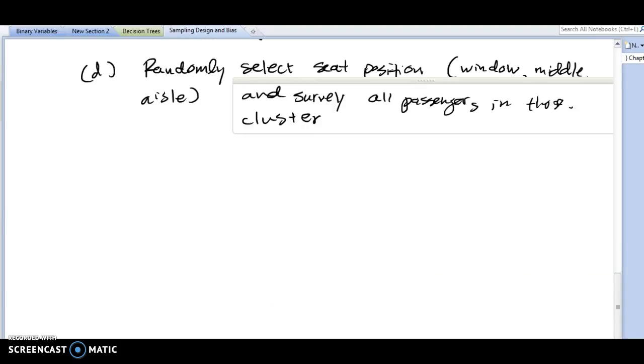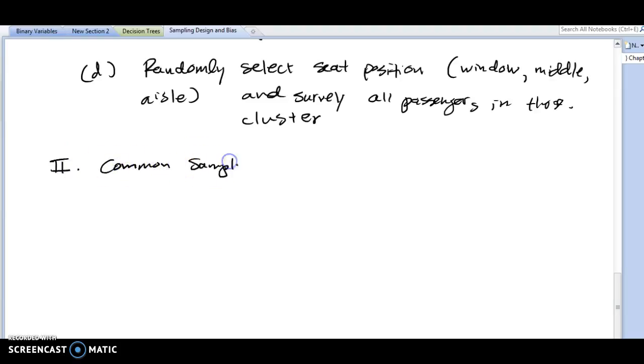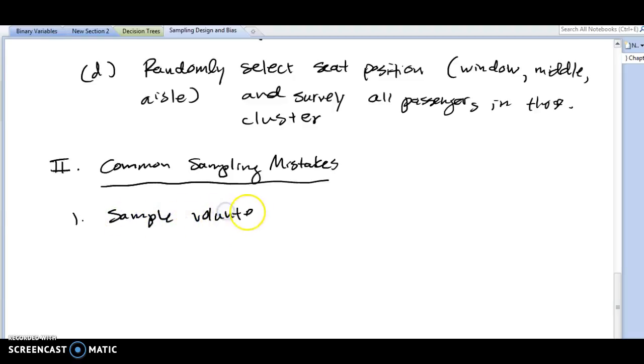Okay, so now let's move on to common sampling mistakes. So part 2, common sampling mistakes. The first one, if you allow sample volunteers. Basically this happens when you invite a large group and only those that respond are counted.